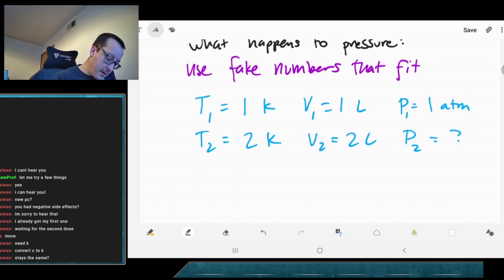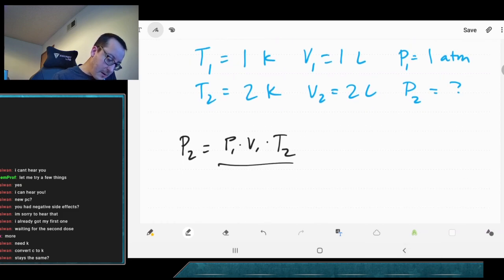If we solved for P2 before, we got P1, V1, T2 (that's a dot, should be a dot) and then V2, T1.